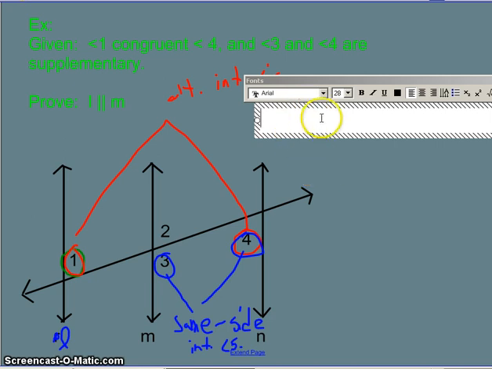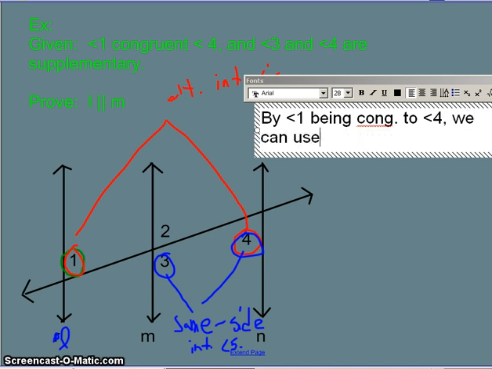We're just going to write this out kind of a paragraph proof style here. Let's see, by angle 1 being congruent to angle 4, we can use the converse of the, what do we write?